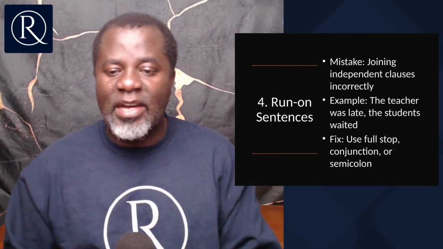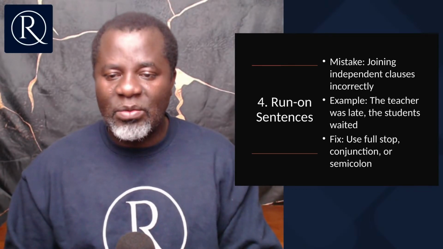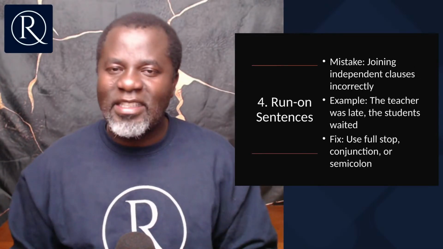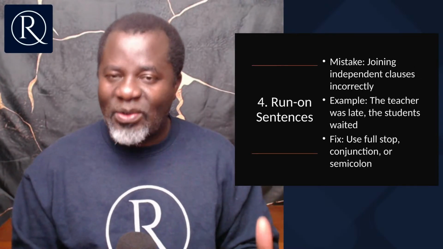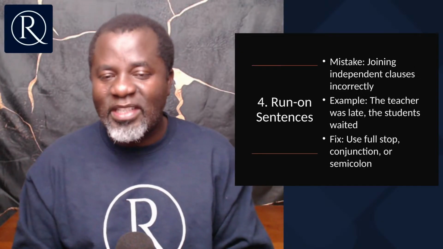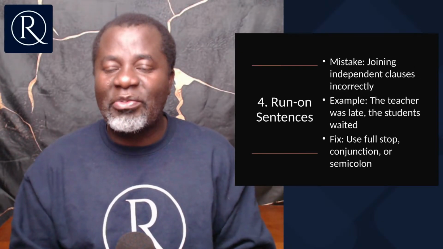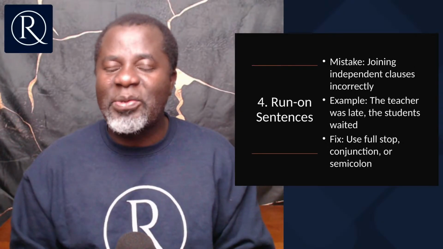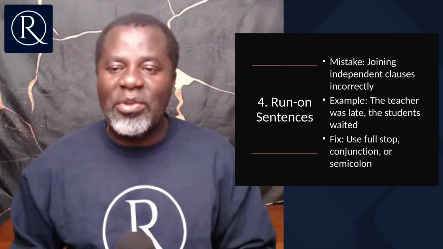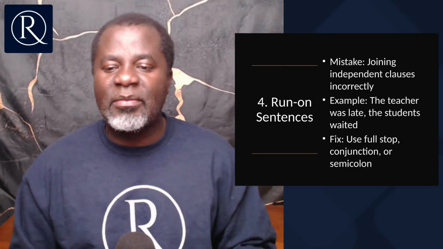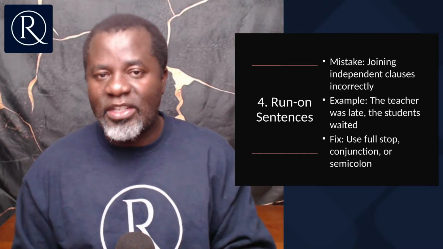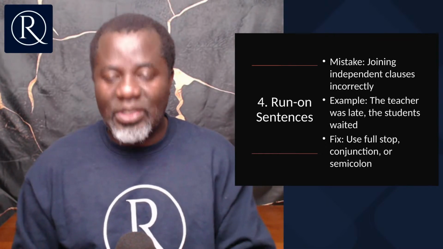You need to understand how you connect them. The teacher was late. The students waited. Okay, I think that sounds disconnected somehow, even though it's one sentence. So you need to fix that by using a conjunction or by using a semicolon. So if you use a conjunction, you can say, the teacher was late, so the students waited, or therefore the students waited.